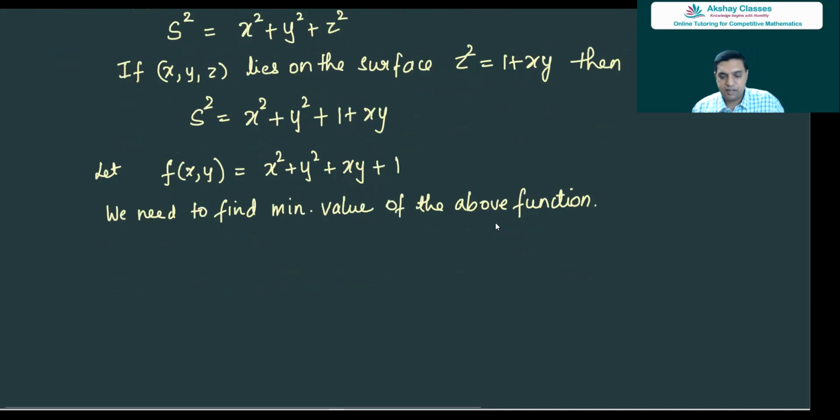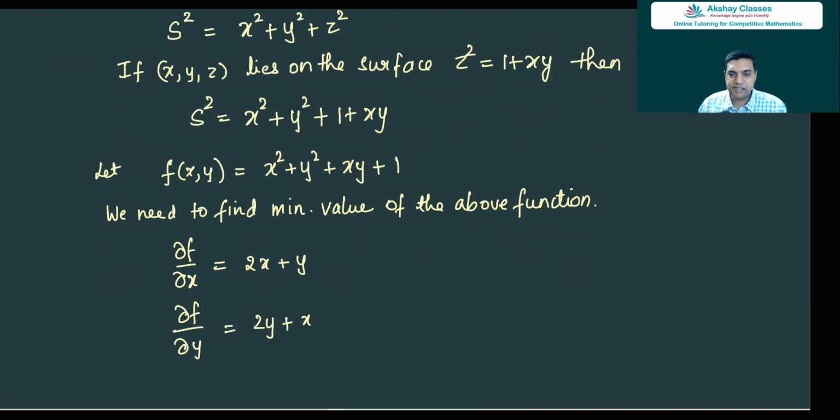Okay, this is how we need to do. So let us minimize that now. ∂f/∂x is 2x plus y, and ∂f/∂y is 2y plus x. Now both should be equal to 0. One point very clearly is (0, 0).